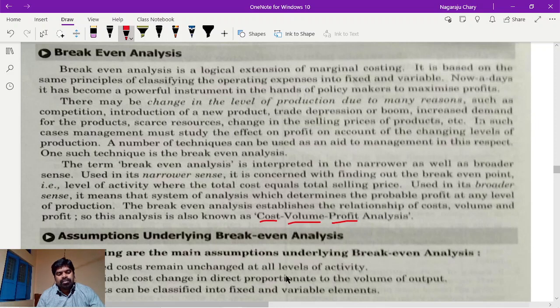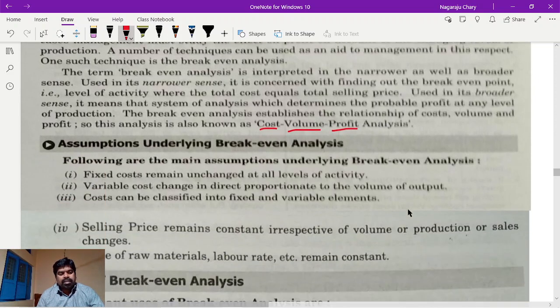Following are the main assumptions underlying break-even analysis. Fixed costs remain unchanged at all levels of activity. So at any level, whether low level or high level, there is no change in fixed cost. Fixed cost remains fixed, so there is no change at all.